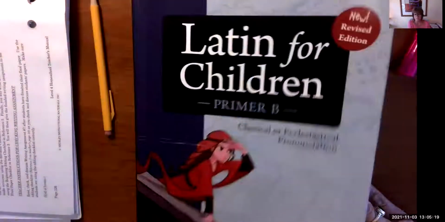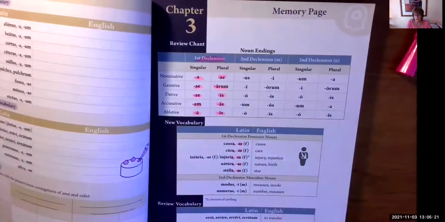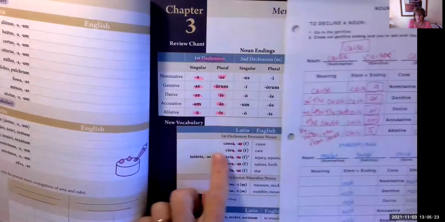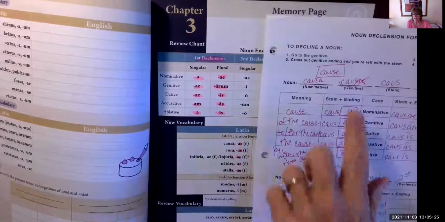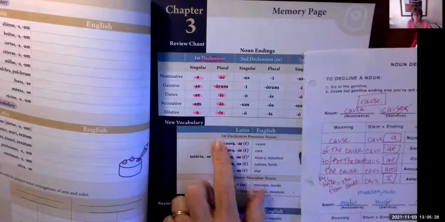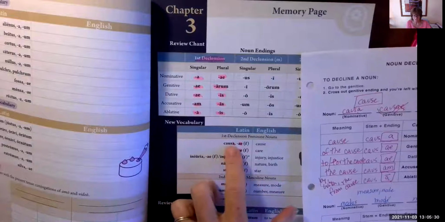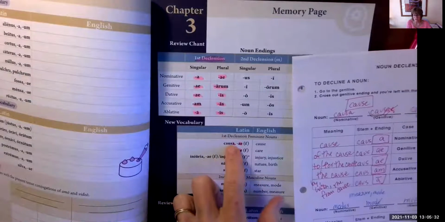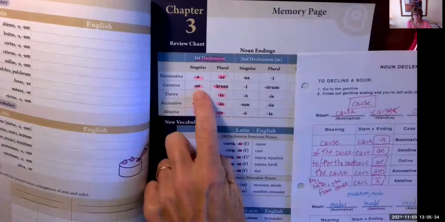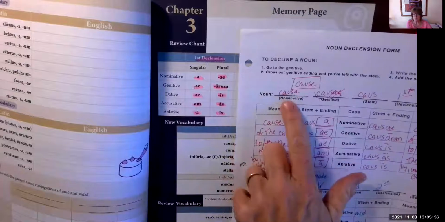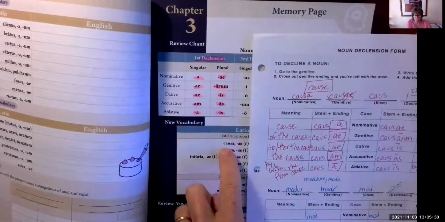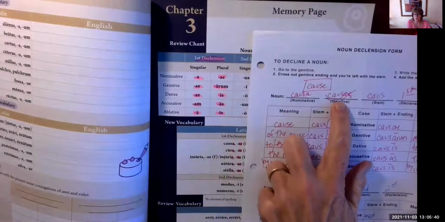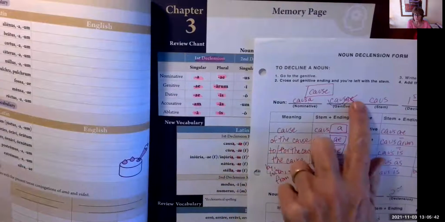I just whipped that out. This is the next book after A. And causa, causae is the vocabulary word in there. It's first declension. It ends in a and I. And so what I did was I put the nominative, which is the first word, the subject, and the second word, causae. I put it there.